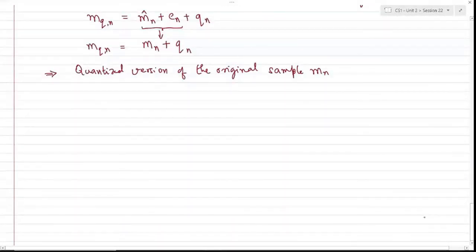So that's how our linear prediction, or differential pulse coded modulation, looks like.